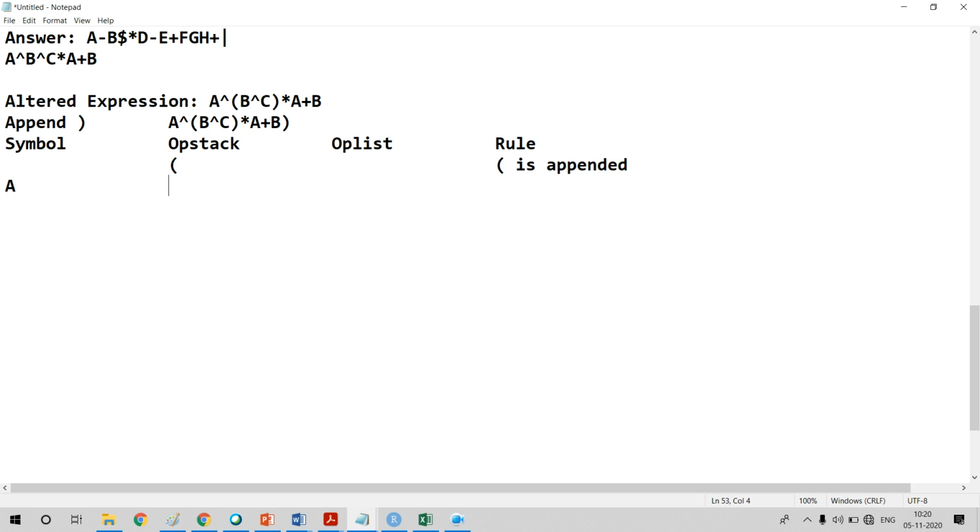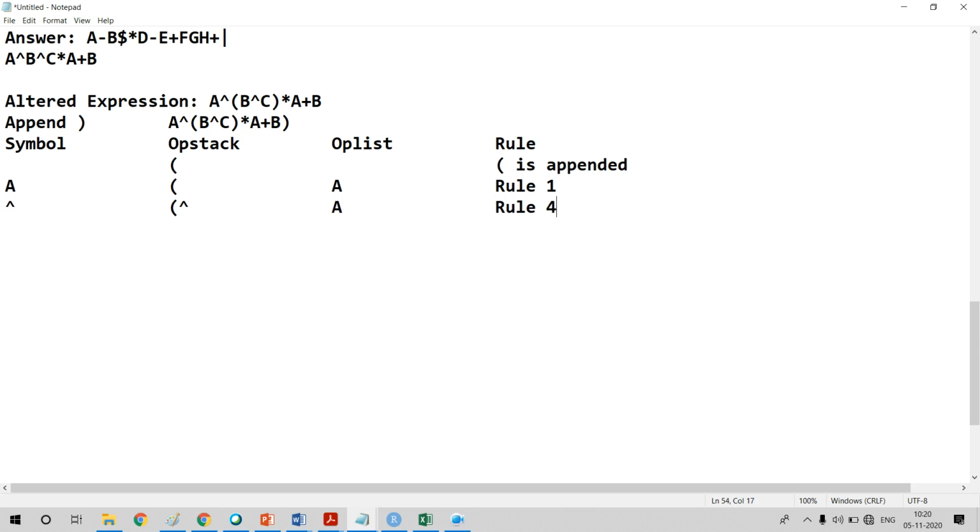The symbol that we are going to scan, A, must be added to OP list because of rule number 1. The next symbol is power, can use dollar, pipe caret or a caret symbol, anything is okay, but you should not have any confusion. Add that operator to the OP stack.